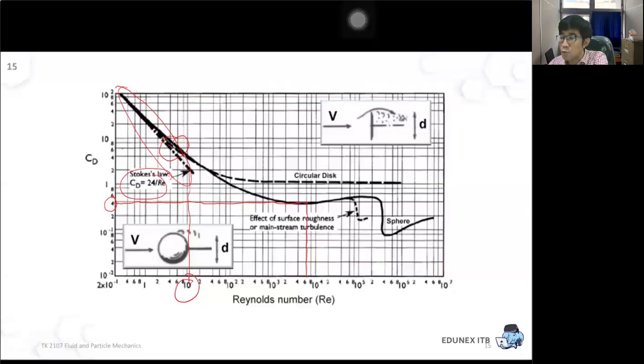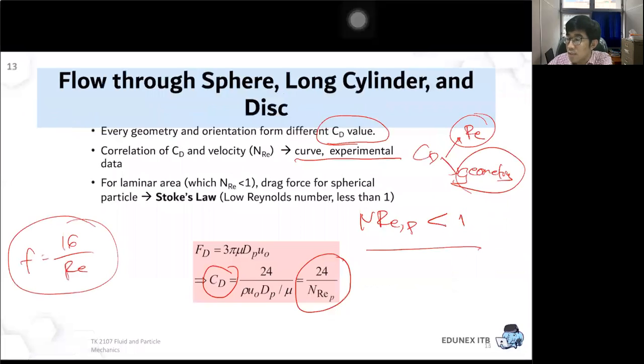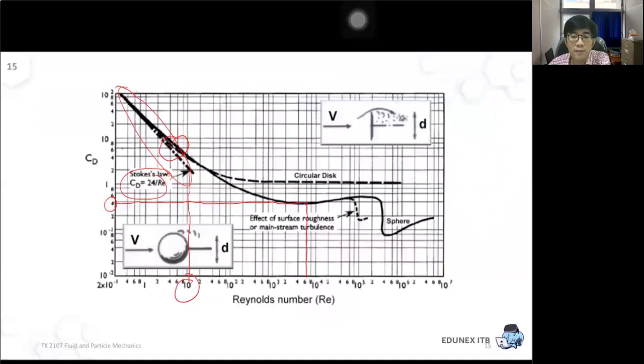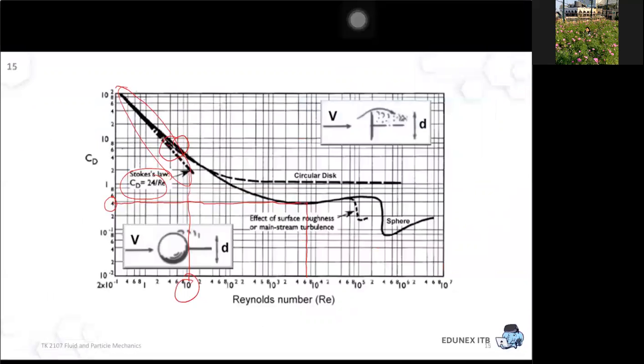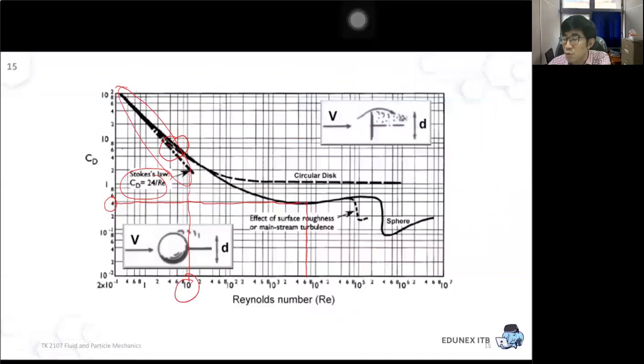That's why in the slide, if the Reynolds number is less than 1, then you can directly use this value. But if you have the graph, it's better to use the graph. Thank you, sir. But please choose the correct graph, and then choose the correct geometry.